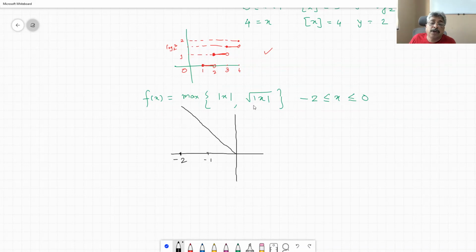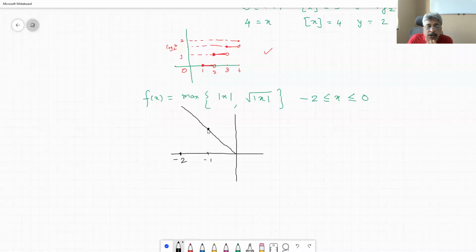And radical mod x is radical positive x for these values, which is a parabola. y is equal to root x. x is equal to minus 1, y is equal to 1.